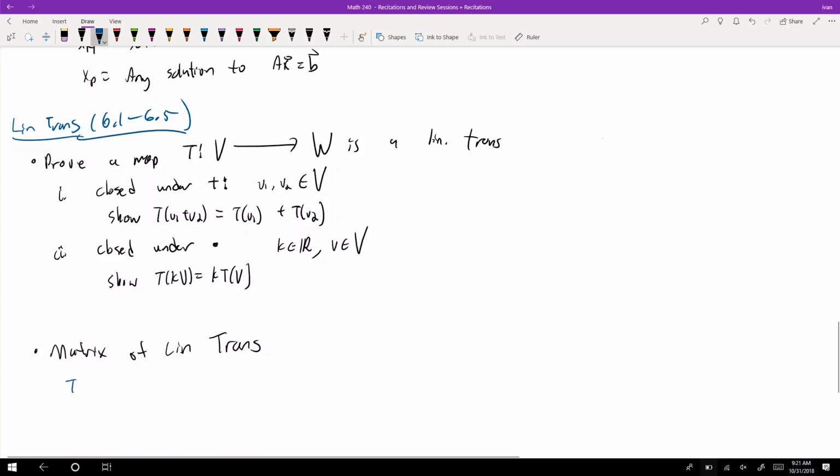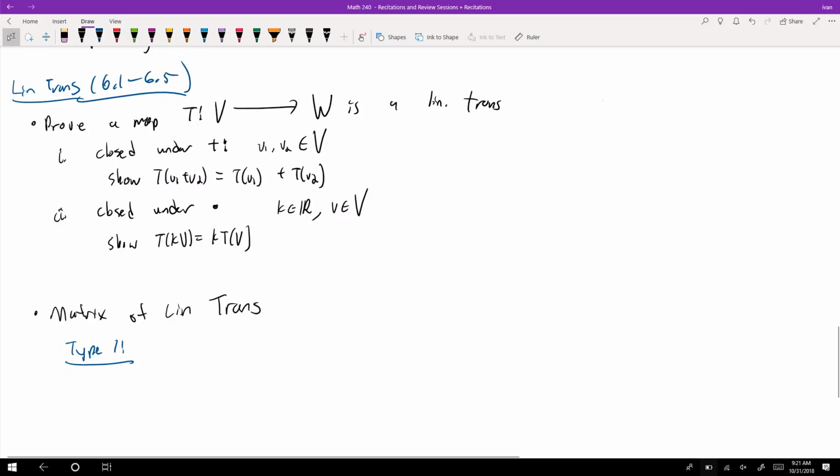Okay. Bless you. So we have type 1. There are 3 types of problems. Type 1 is you're given a map T that sends V to W, and you assume the standard basis, or they're given to you.